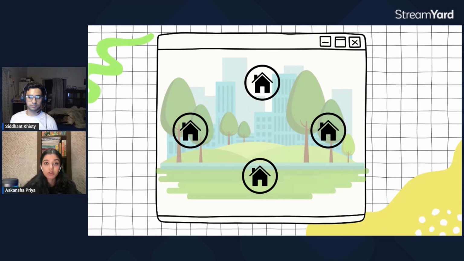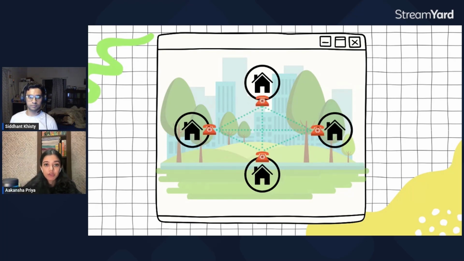And in order for a city and a nation to work, we need to have communication set up. So we bring in telephones, so any house can contact the adjacent house, right? Or even someone from the other city. So that's how communications are being set up.